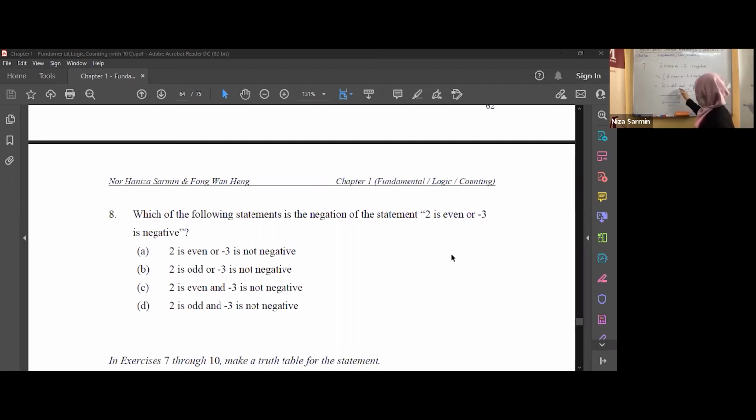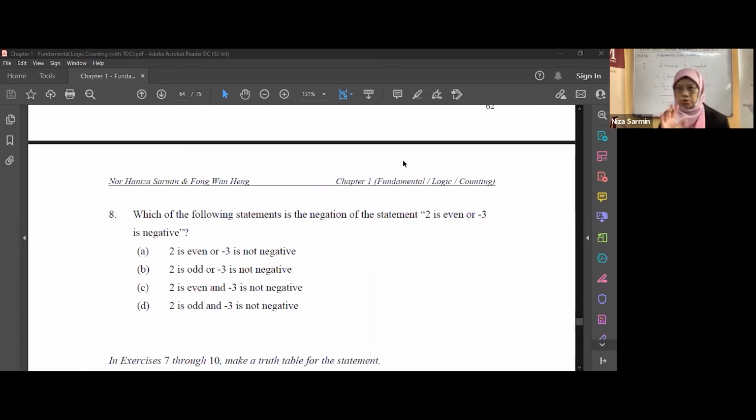If you want to include 0, we say non-positive, and here, non-negative. Non-negative or not negative is not positive because it includes the 0.